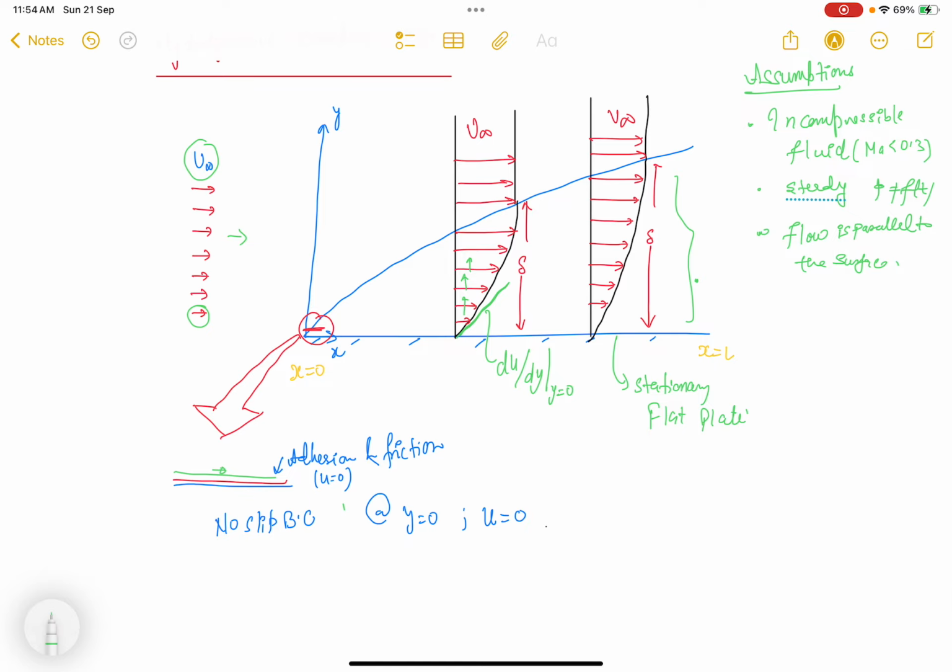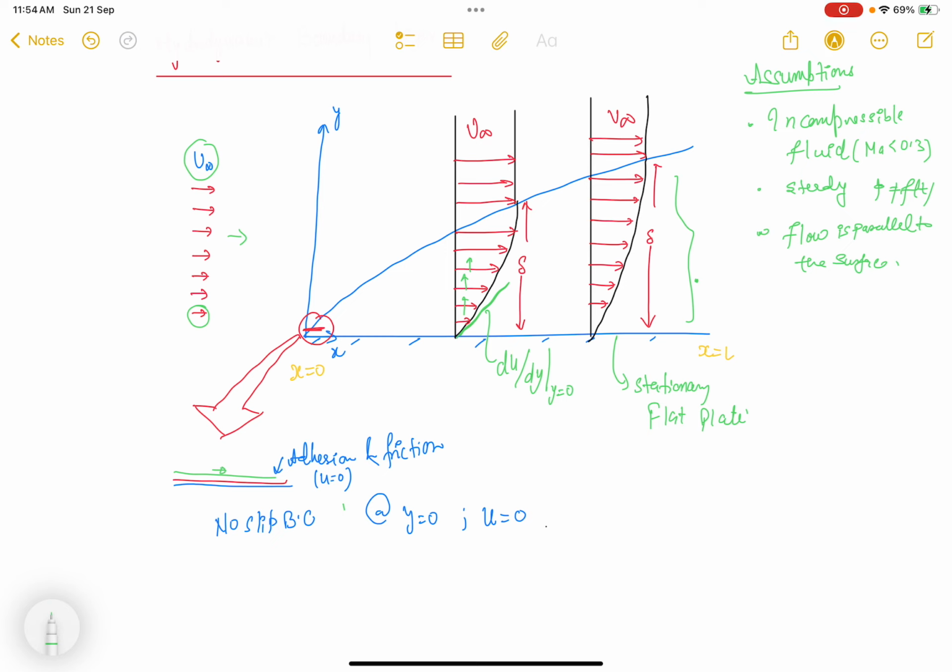But there exists one edge which will distinguish the fluid motion into two regions, more specifically. The region which has relatively very high velocity gradients, which is near the wall, where viscous effects of the fluid are predominant.